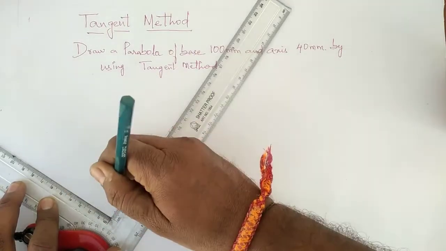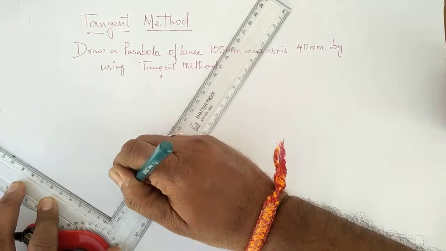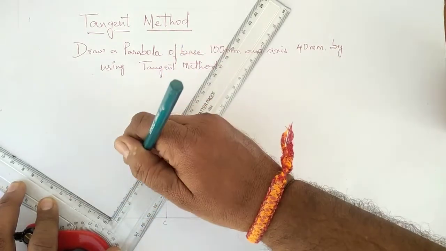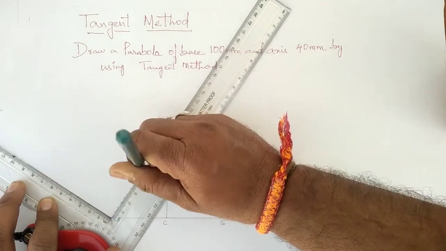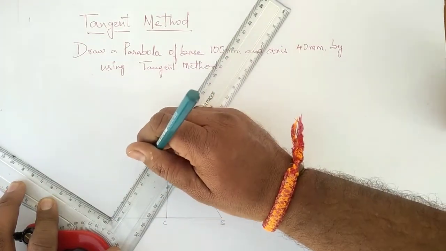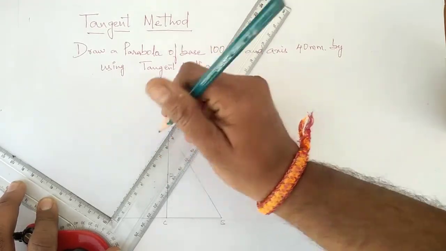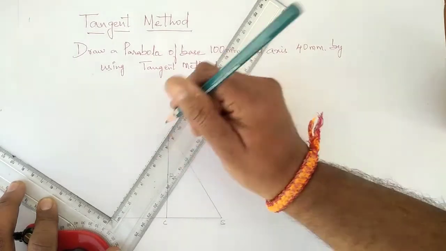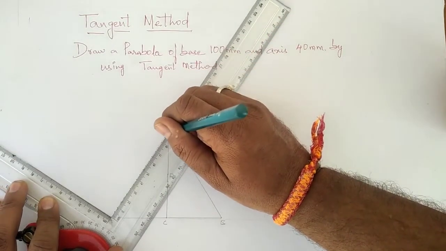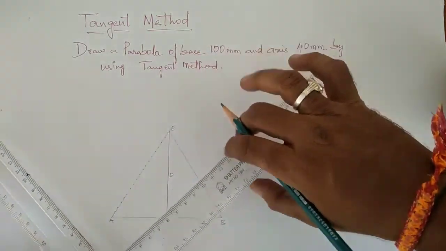5, 10, 15, 20, 25, 30, 35, like that, taking each division so that I will get a very fine curve. 85, and this will be the point 90 here.